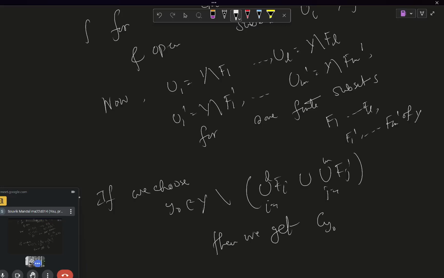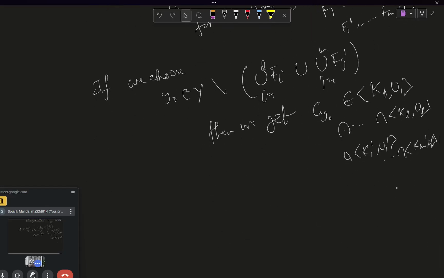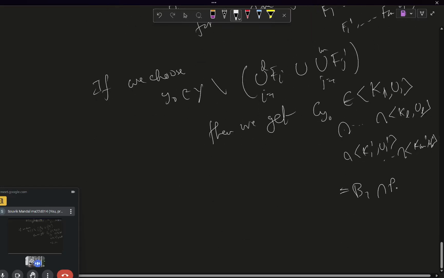we get the constant function c_y0 belongs to [K1, U1] intersection ... intersection [Kl, Ul] intersection [K1', U1'] intersection ... intersection [Km', Um'], and this is nothing but B1 intersection B2.